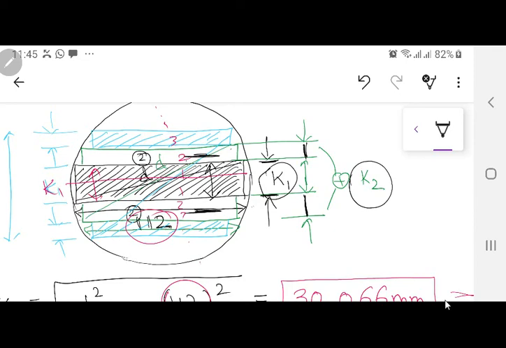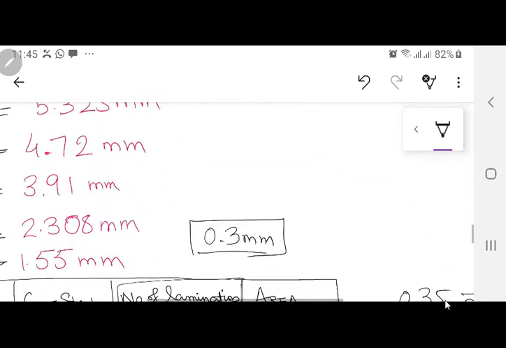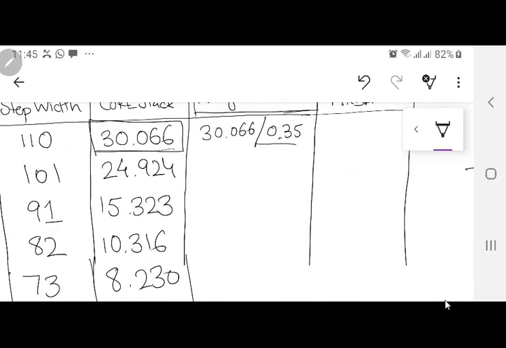So when you divide it by 0.35, if your value comes out to be supposedly 47, you cannot divide 47 by 2, because half of 47 is going to go up and half is going to go down. So you always need an even number over there, so you can bifurcate half of them up and half of them down.